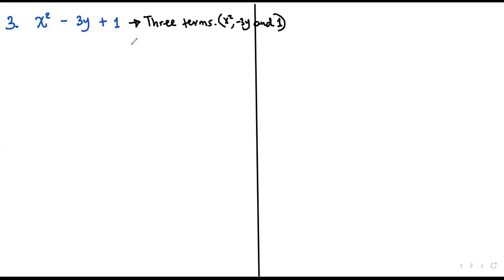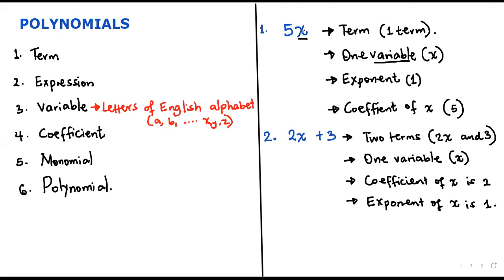One more thing to know about this is that here we have 2 variables. That is x and y. When we look at number 1, we had 1 variable, x.